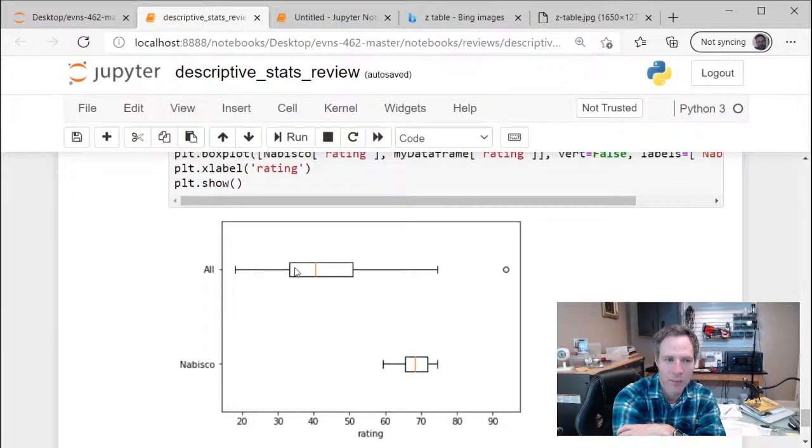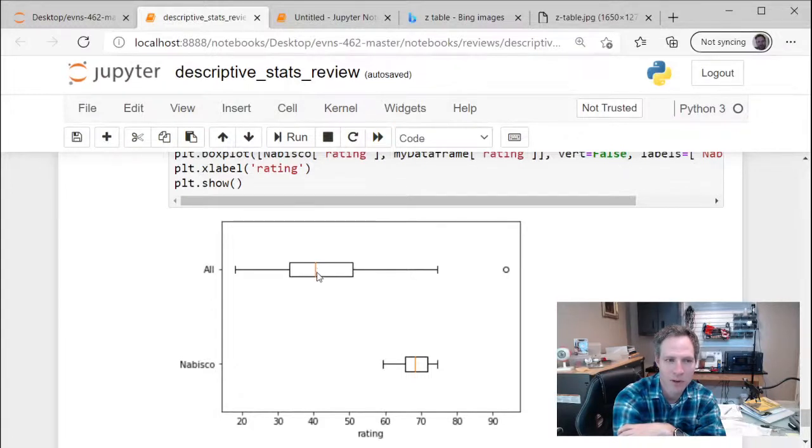All right. This line then, if this is the 50% of the data, this line represents the first quartile. 25% of the cereals have ratings that are less than this value. And that makes this the third quartile, which means 75% of the data have ratings less than this value, 53.